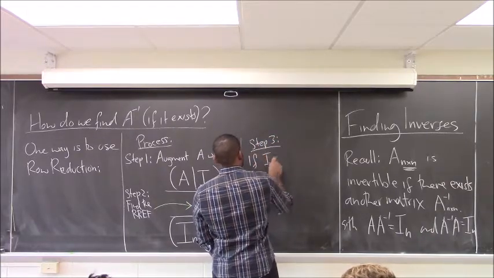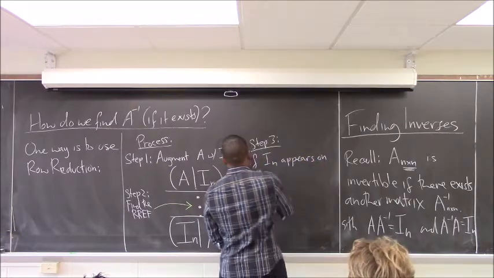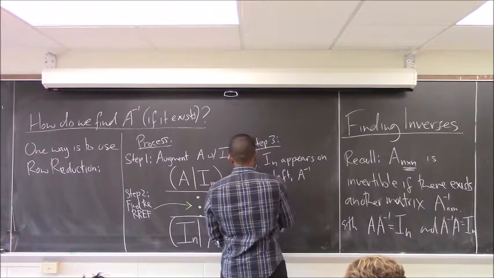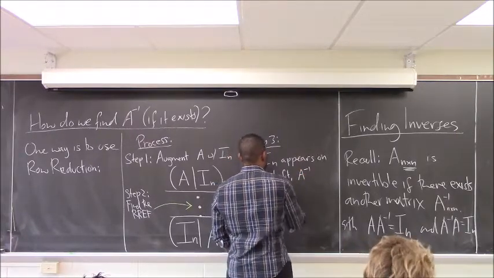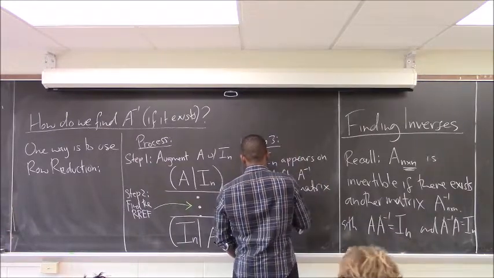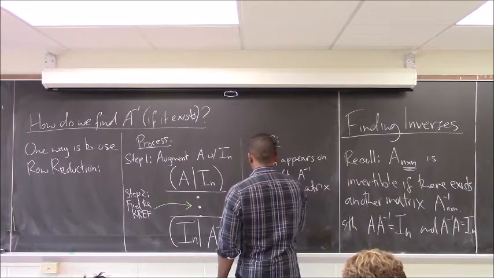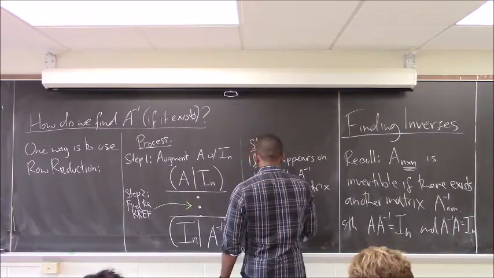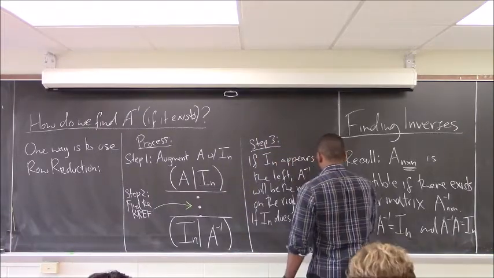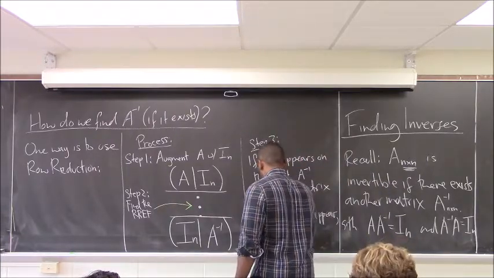Step three. If I_n appears on the left, A inverse will be the matrix on the right. And if I_n does not appear, so make sure you're doing it correctly, then A has no inverse.